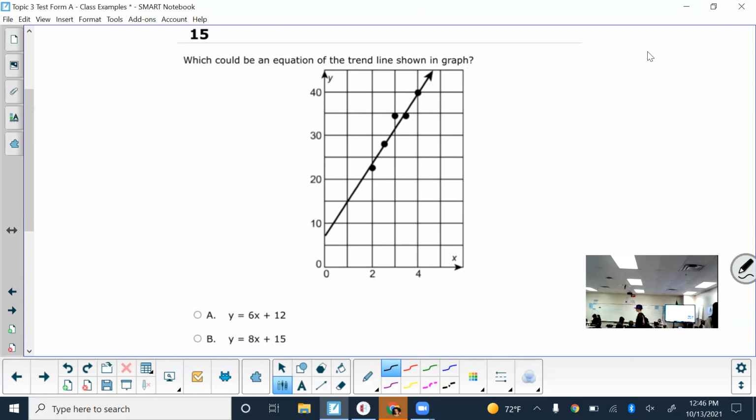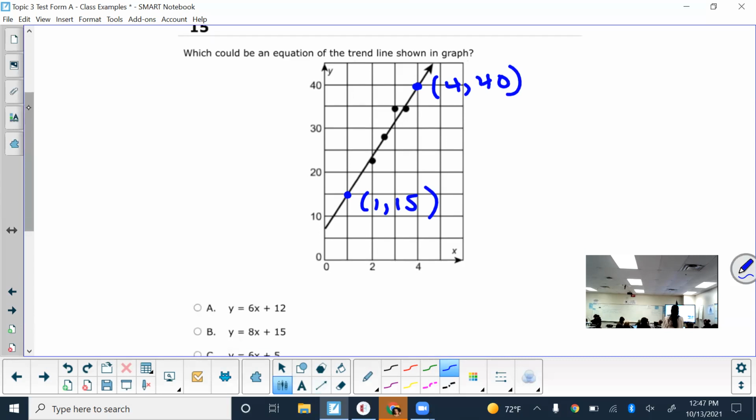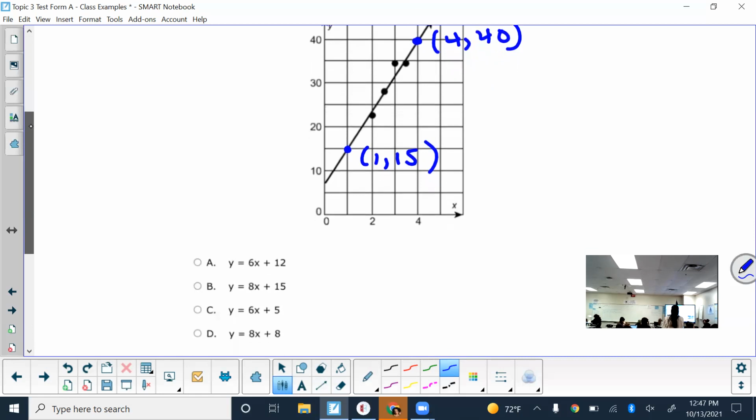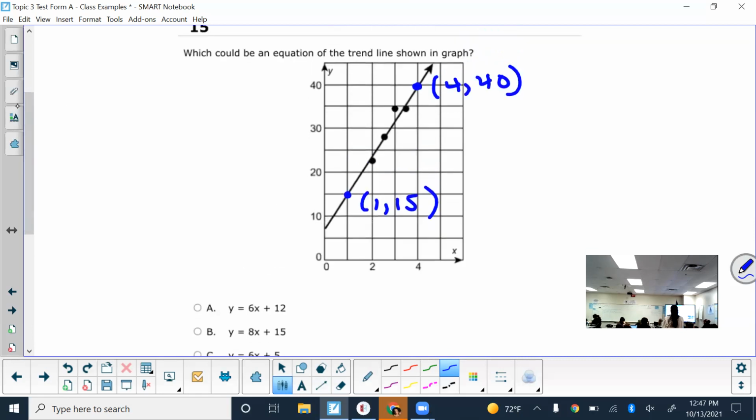And in class, we taught you that to estimate trend lines, you pick 2 points that are on the line. So what I would have picked probably would have been here, like 115, and then maybe this point up here, like 440. But since I have multiple choice options, I can kind of narrow down the possibilities that way.